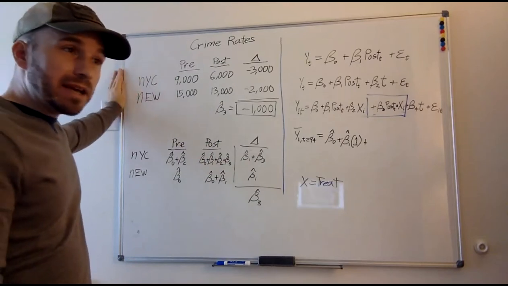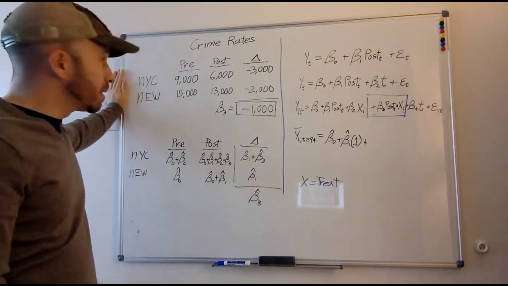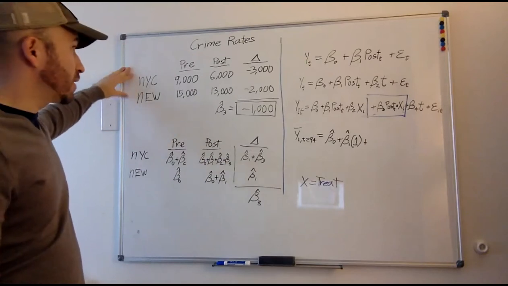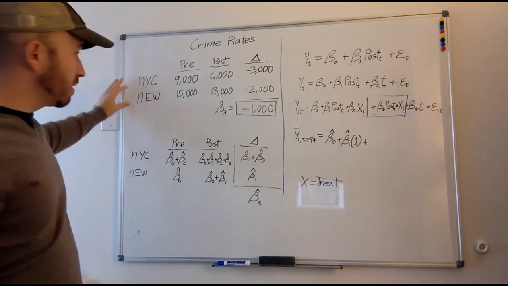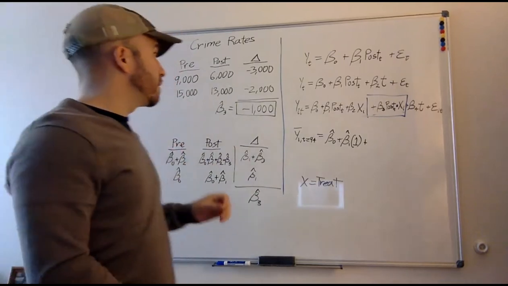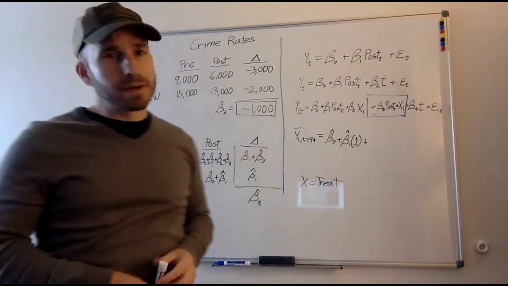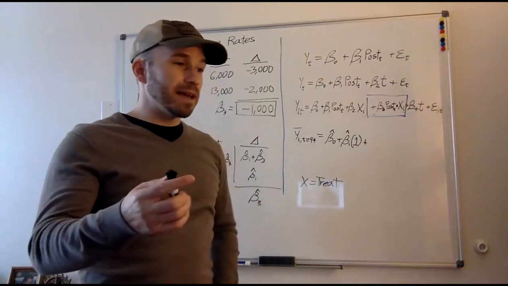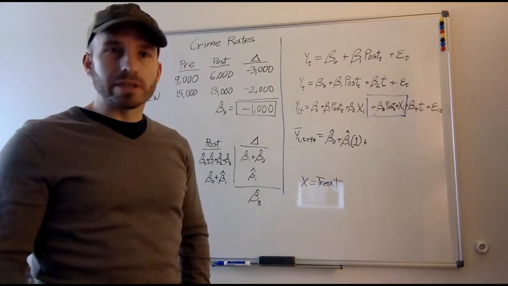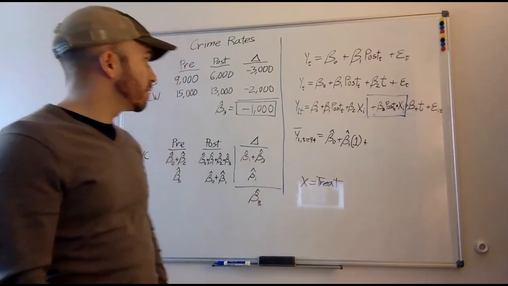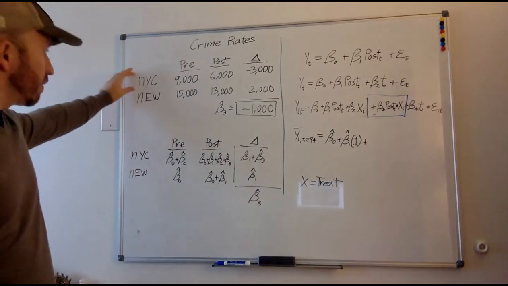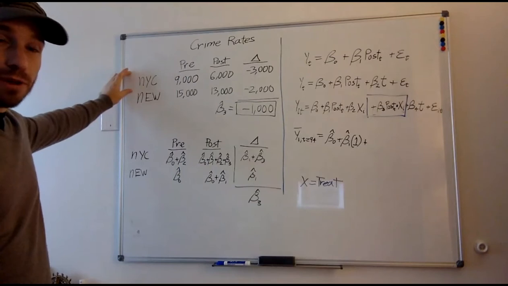So in this case, intuitively, maybe Newark is a good comparison because it's so close to New York City, and so crime trends might be similar because of that. On the other hand, maybe Newark is not a great counterfactual because crime in New York can affect crime in Newark and vice versa, and so there's an endogeneity issue here. And so maybe I would argue that Boston, or any city you want to think of, Chicago or whatever, could be a better comparison group, or that none of them are very similar to New York because New York is New York.